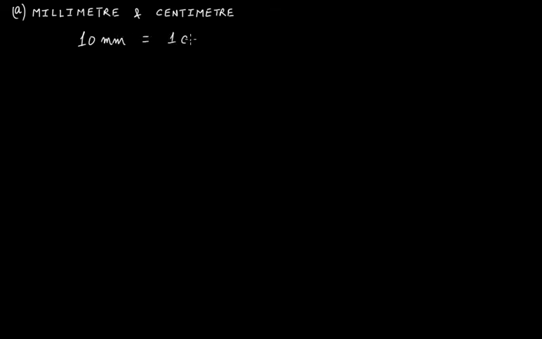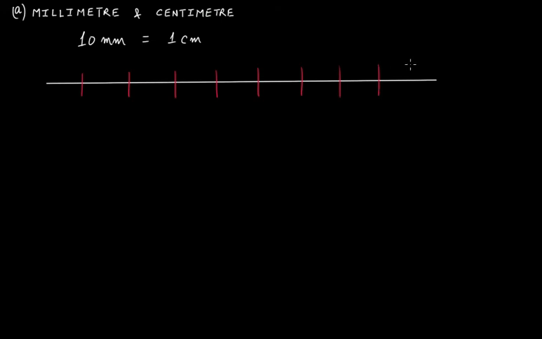1 centimeter. It means that if you assume that you have this 1 centimeter as this line segment, a magnified version of 1 centimeter, what does 10 millimeter mean? Let me do it in a better way. So 1, 2, 3, 4, 5, 6, 7, 8, 9 and 10.